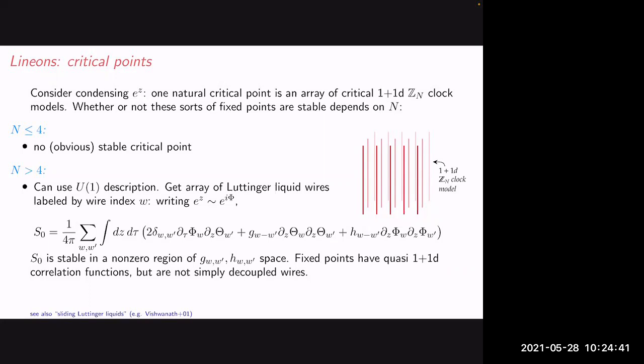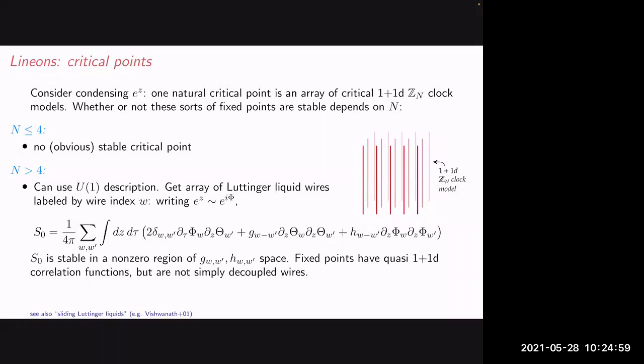This will be familiar to people who have worked on Luttinger liquids before. The details are not important, but you get some action that looks like a bunch of Luttinger liquids arranged on this array. And you can examine the stability of actions like this.